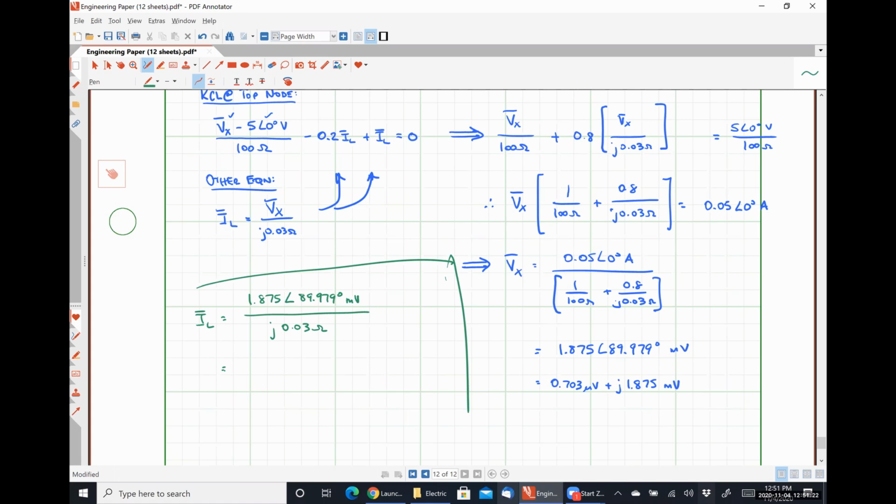And we find that our inductor current is approximately 62.5 with an angle of negative 0.021 degrees milliamps, or 62.499 minus j0.023 milliamps in rectangular form.